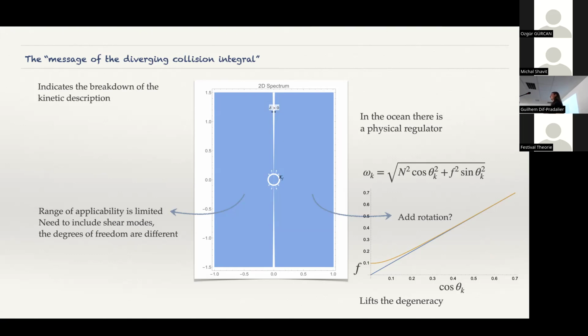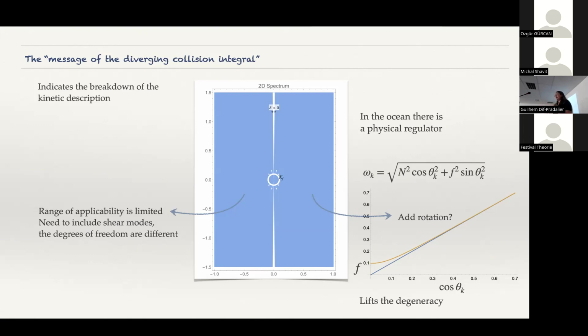If you don't have rotation, when omega is going to 0, you connect continuously to the slow modes. But if you also introduce rotation, omega k never goes to 0, because when you approach kx equal to 0, omega k is f. So you always have a bound which depends on f from the slow modes.